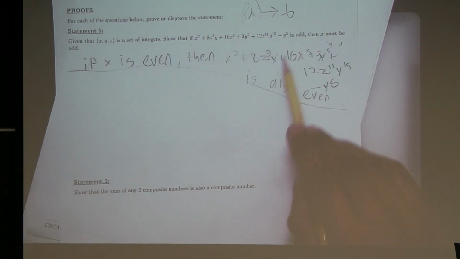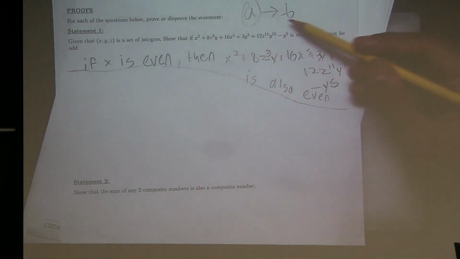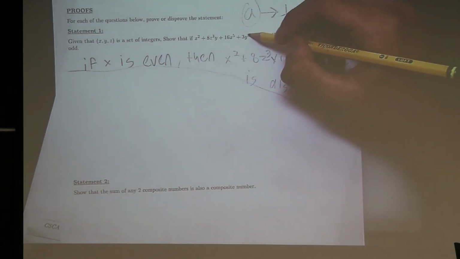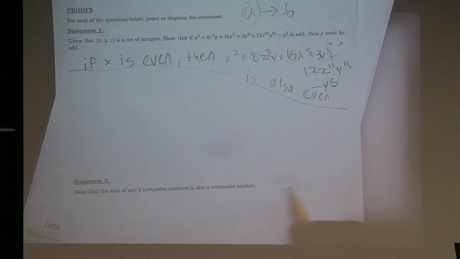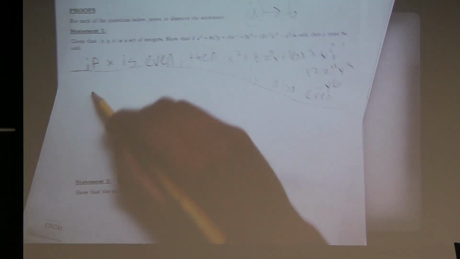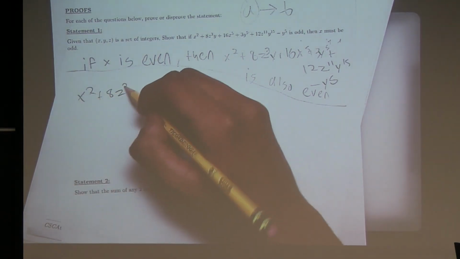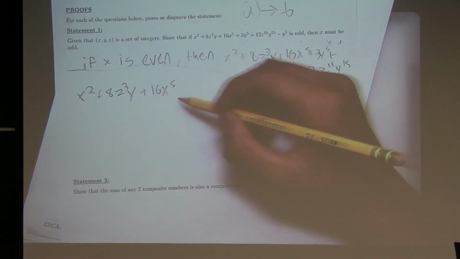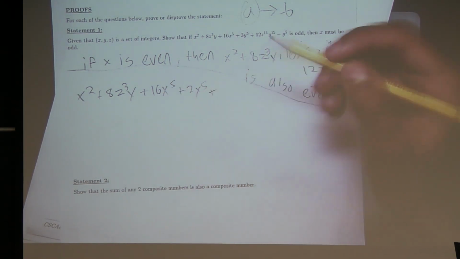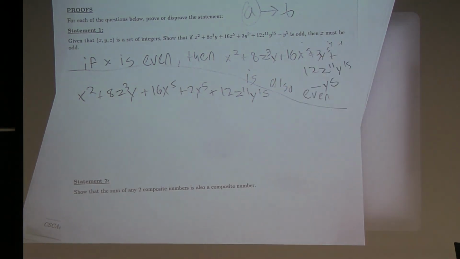Now, let's see if we can reduce the terms here. Let's check if there are any like terms. As we can see, 3y5 and minus y5, we can just subtract these two. So in the end, we get x squared plus 8z cubed times y plus 16x to the fifth plus 2y5 plus 12z11 times y15.